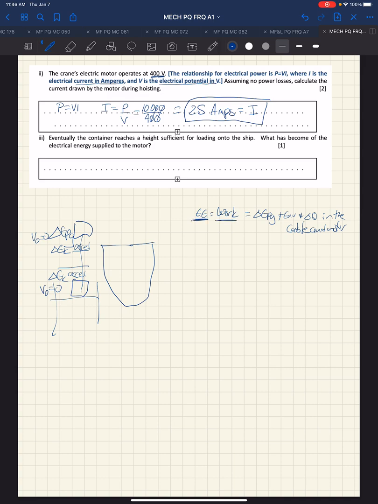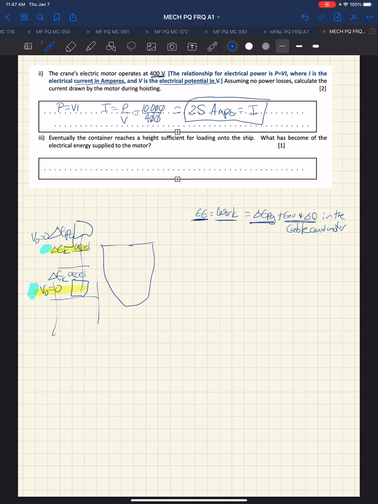It did work, and that work consisted of changing the gravitational potential energy, but there was also some energy lost, and we know there must be energy lost because there was work done in changing this kinetic energy. So the work done that brought about this kinetic energy and the work that brought about that change in kinetic energy had to have been completed. So we need to mention those as well.